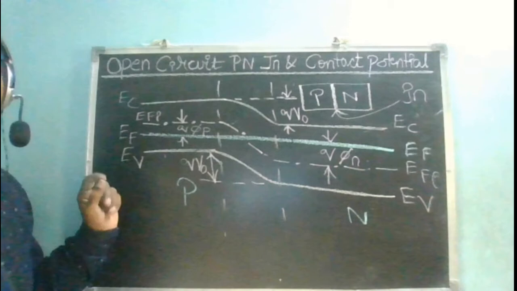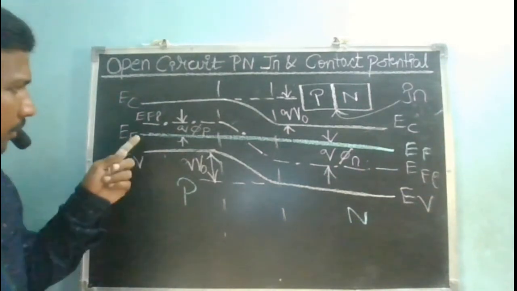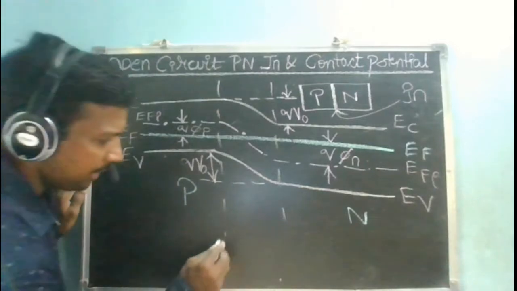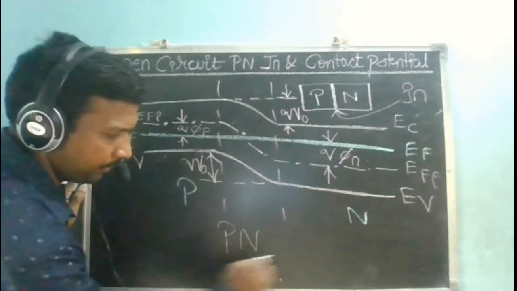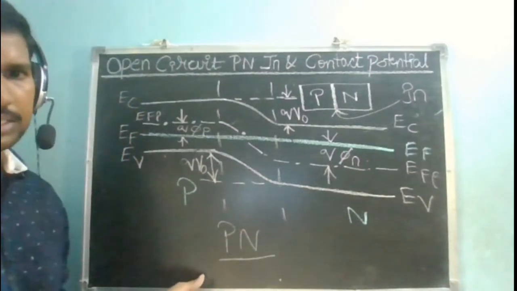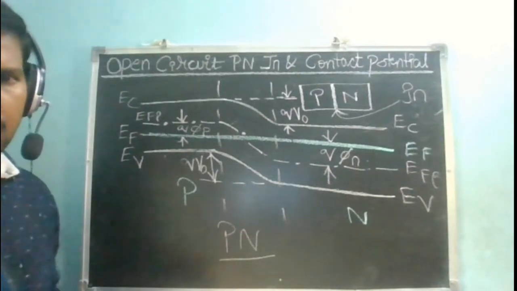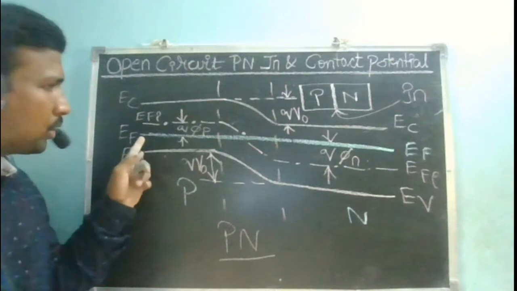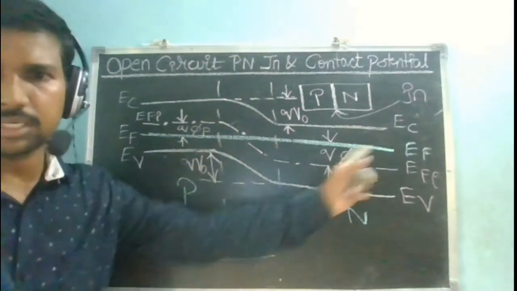Otherwise you cannot draw the diagram comfortably. It is very easy. What you have to do is this: first, draw the Fermi energy level while drawing the energy band diagram of a PN junction. To avoid mistakes, first draw the Fermi energy level, a big straight line.